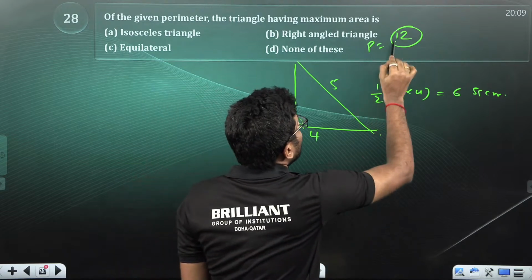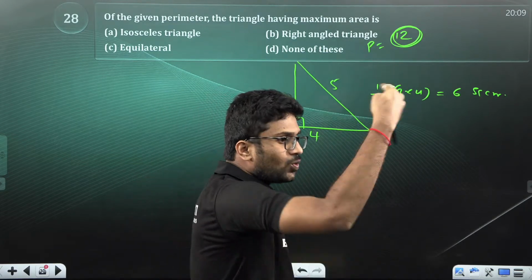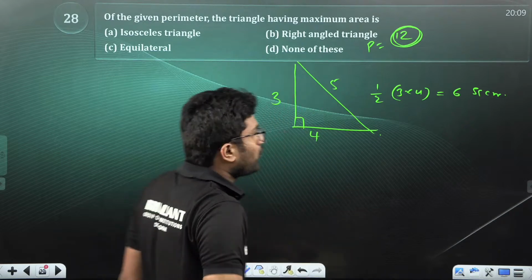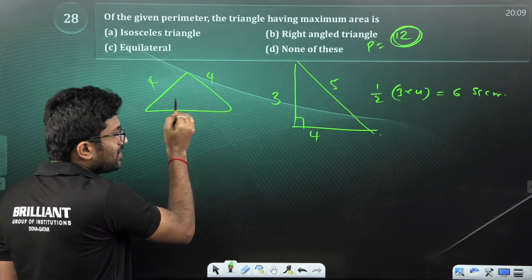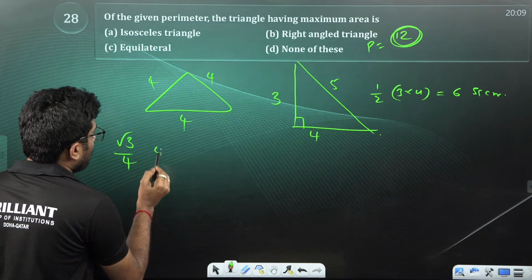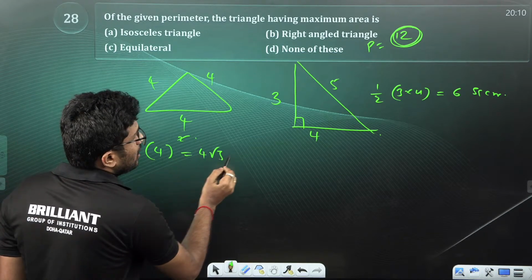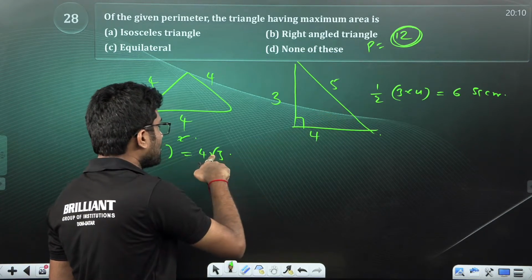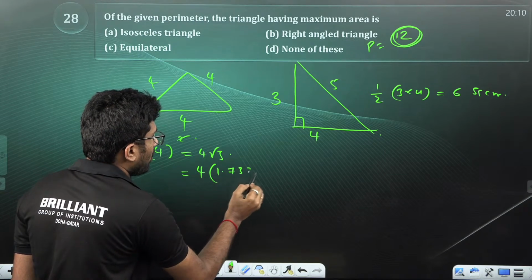Now with the given perimeter, if I form an equilateral triangle, 12 divided by 3, each side will be 4. What is the area of this equilateral triangle? Root 3 by 4 into a square, 4 squared. So we get 4 root 3. There it is 6, here it is 4 root 3. 4 into root 3, value is something like 1.732, so about 6.93.